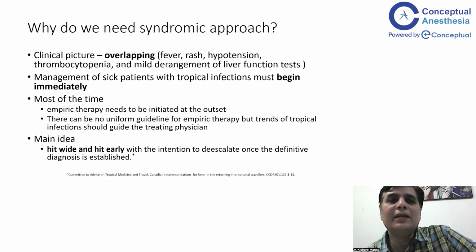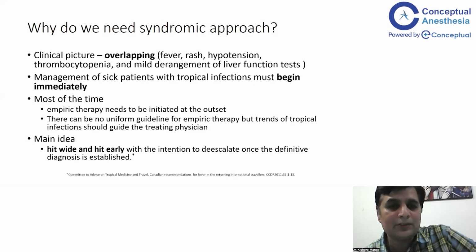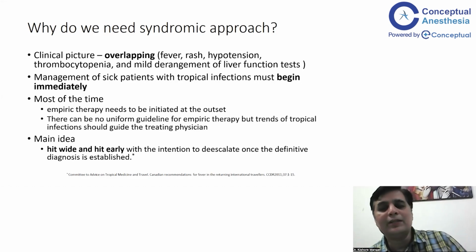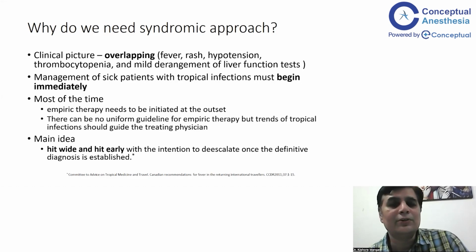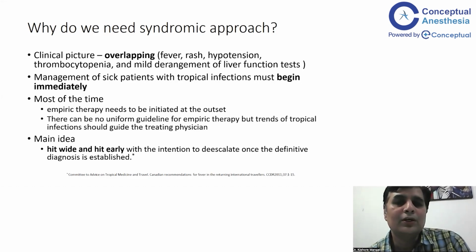The main idea from these guidelines was that you need to hit wide, hit early, cover all the types of tropical infections at the same time, and go for diagnosis. Once you get the diagnosis, then you de-escalate your treatment. That is the basic approach in initial therapy.